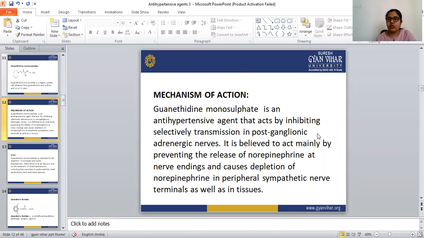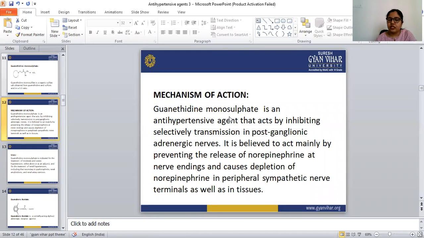Guanethidine monosulfate is an organic sulfate salt obtained from guanethidine and sulfuric acid in a 1:1 ratio. Its mechanism of action is selectively inhibiting transmission in the postganglionic adrenergic nerves, preventing the release of norepinephrine at the nerve endings, and causing depletion of norepinephrine in peripheral sympathetic nerve terminals as well as in the tissues.